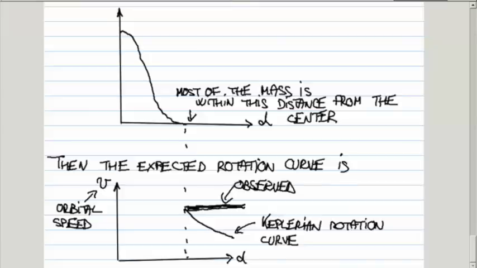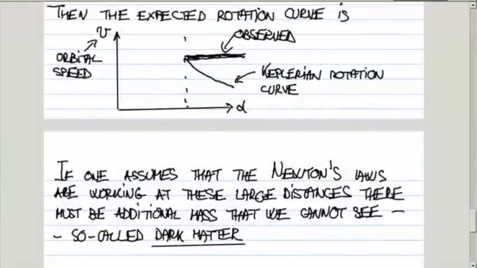There is also non-luminous mass, or so-called dark matter. And when you do the calculation as to how much mass in addition you have to account for these observed rotation curves, it turns out that typically this dark matter is 5 to 6 times more massive. It contains 5 to 6 times more mass than the luminous mass, the mass contained in the stars.